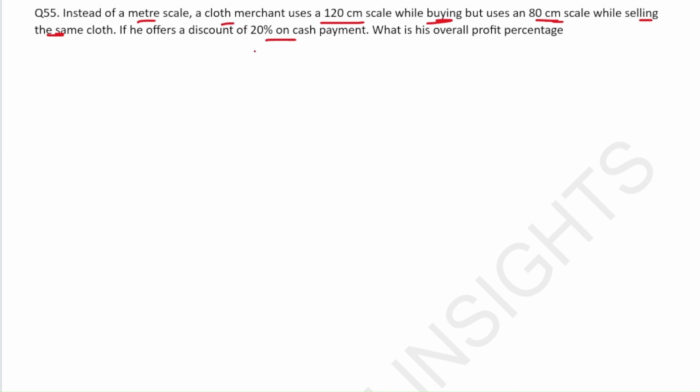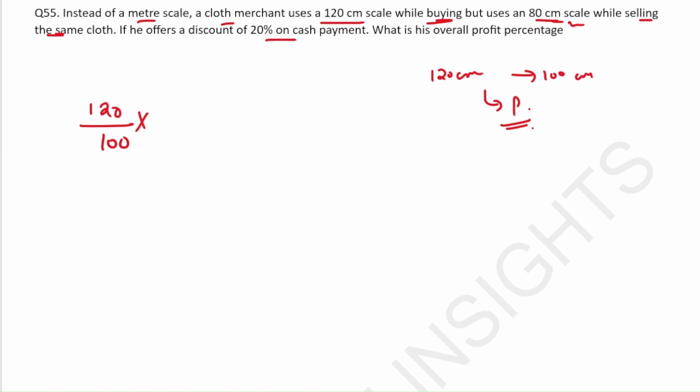So if the merchant is using a 120 centimeter scale while buying instead of a 100 centimeter scale, that means he is getting a profit, yes or no? So it will be 120 by 100 into, now he is selling the same cloth by using an 80 centimeter scale.